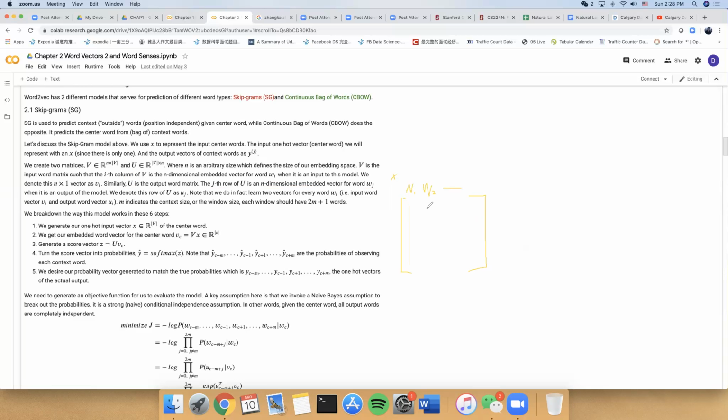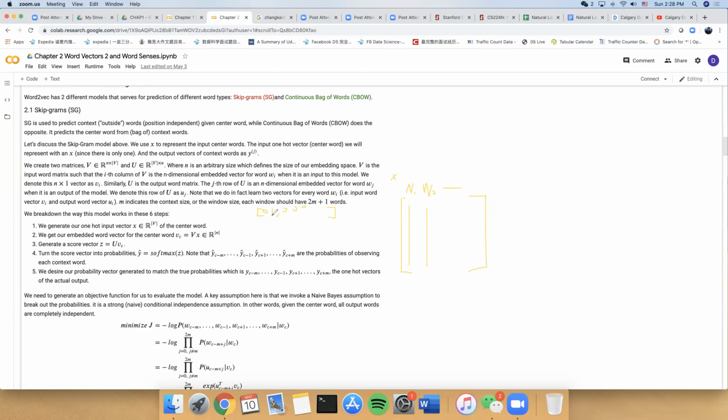So what we do here is construct a one-hot input vector. For example, 0, 1, 0, 0, 0. So only the second component is 1 here.